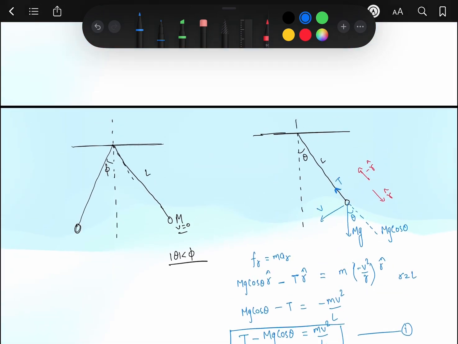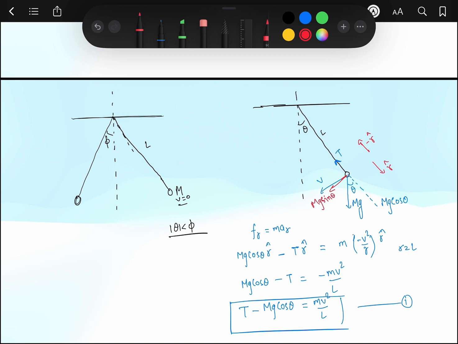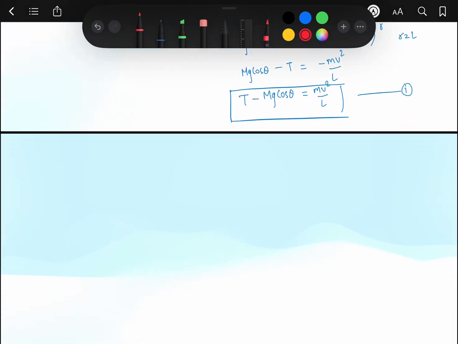Now I will be talking about the theta cap direction. This was the equation of motion I wrote in the r cap direction. Now tangentially I will resolve this force, then the component of mg along the tangential direction will be equal to mg sin theta. So if I write the equation of motion in the tangential direction, then F tangential will be equal to mass into a tangential.